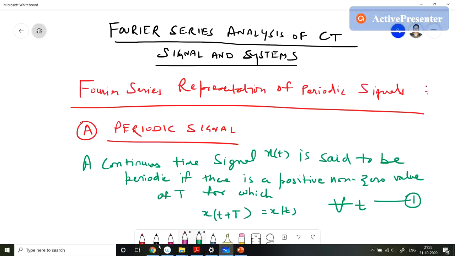This is equation number 1. This is the definition of a periodic signal.